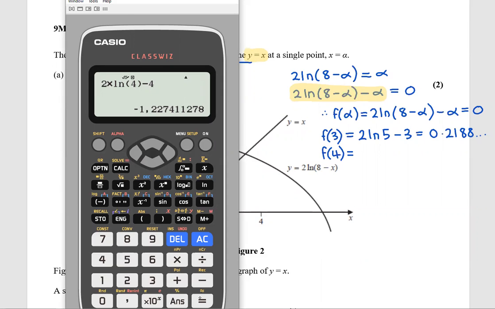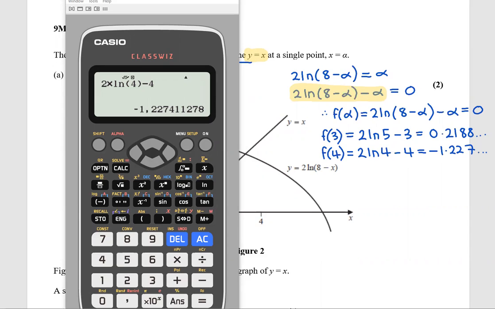If I press equals, we get a negative value. So I'm just going to write down what we get. So we get 2ln of 4 subtract 4, which is going to be negative 1.227, etc., etc. Okay. You get a method mark for going through this process.